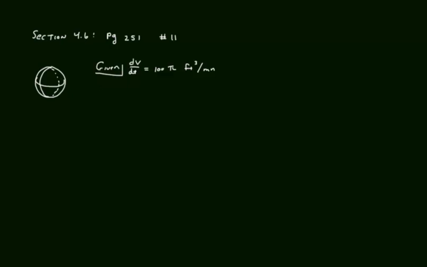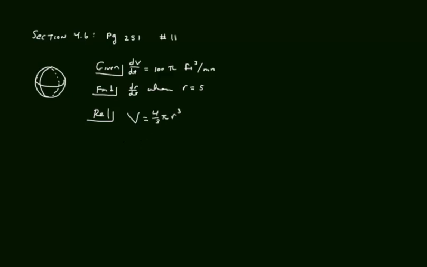And in the problem, they want to know what is the rate of change in the radius, so dr/dt, when the radius is 5 feet. So we need a relationship that ties the volume to the radius. You should know this, perhaps you don't, but the volume of a sphere is 4/3 pi r cubed.